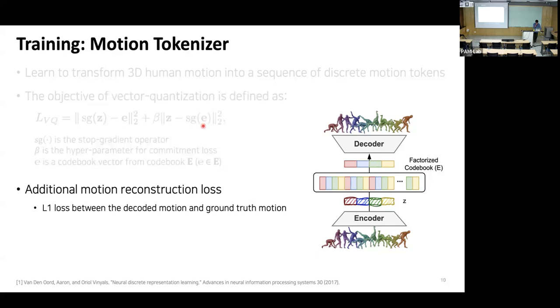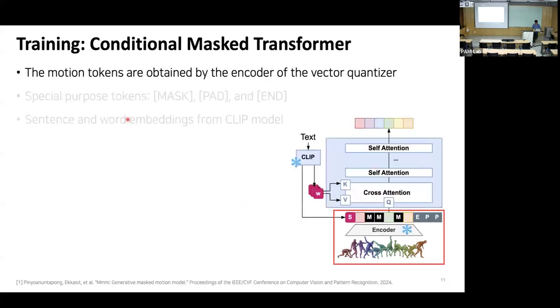And in addition to the codebook and commitment losses from here, they also use the motion reconstruction loss between the decoded motion here and the input ground truth motion for training the VQ-VAE. Then we can obtain the motion token sequences using the pre-trained VQ-VAE encoder from the previous stage.